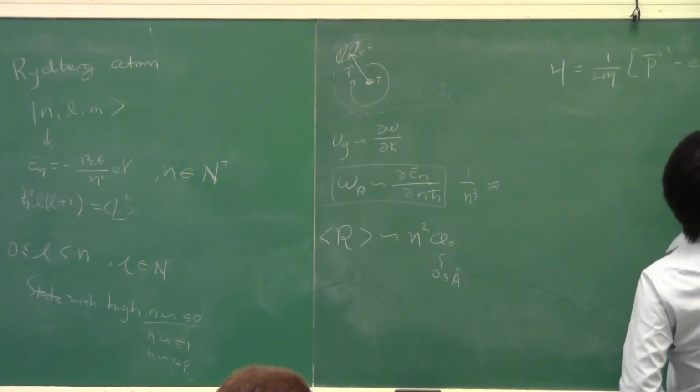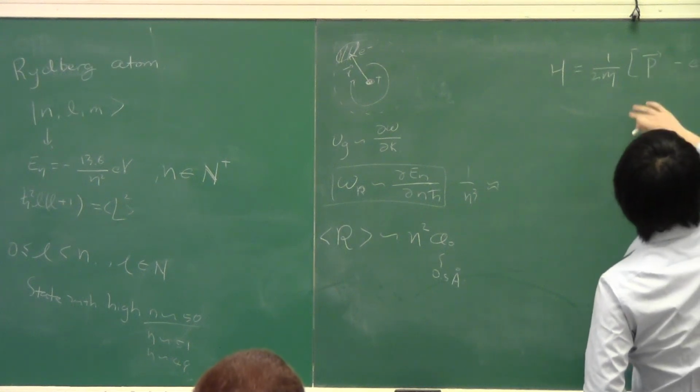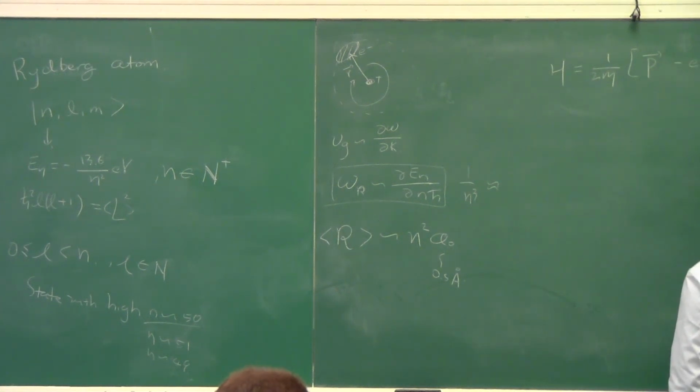Square? Oh, yeah, square outside. And then I've already told you that we're going to be working in the radiation gauge, in which the U doesn't appear. So there could be a binding potential for the electrons.